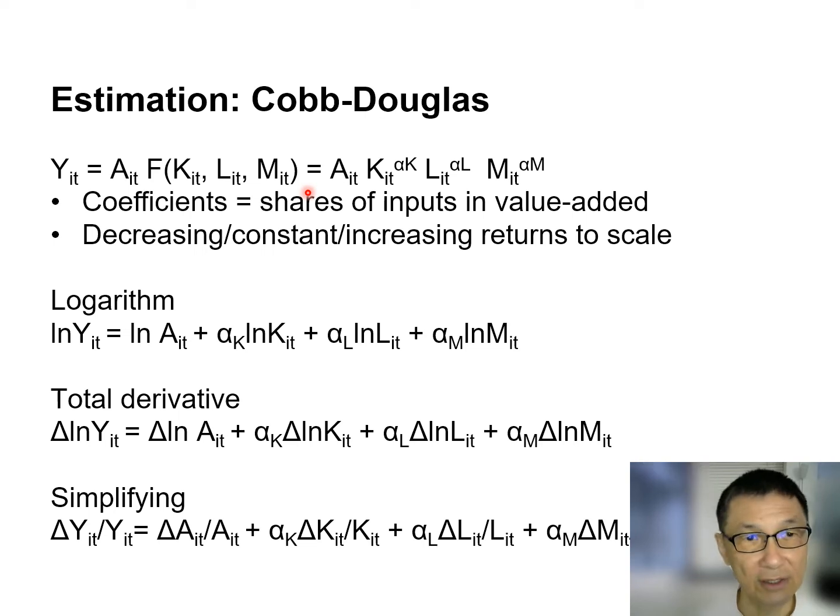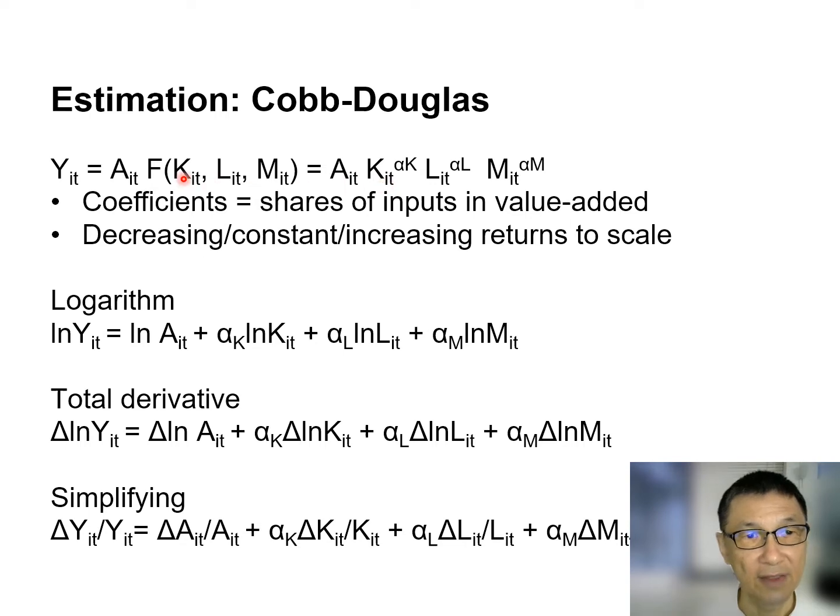The production function is increasing in the services of capital, K subscript it, labor, L subscript it, and intermediate inputs, M subscript it. The Cobb-Douglas production function is a particular assumption about this production function F.